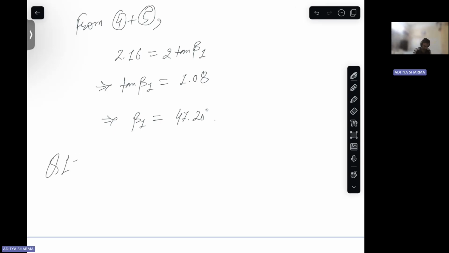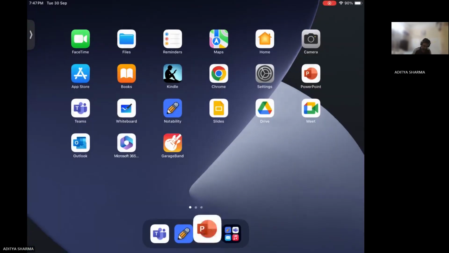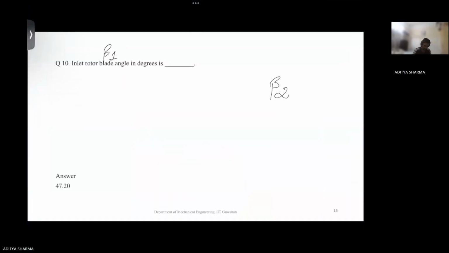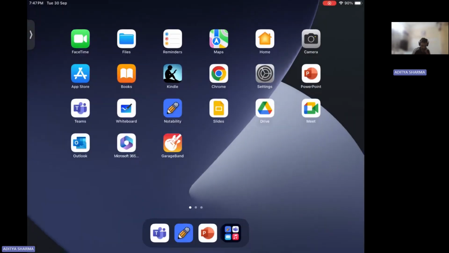Then question number 11 is asking for the outlet rotor blade angle in degrees.